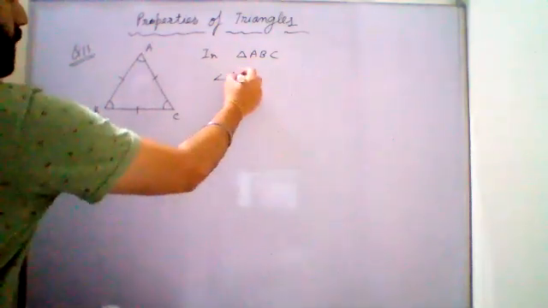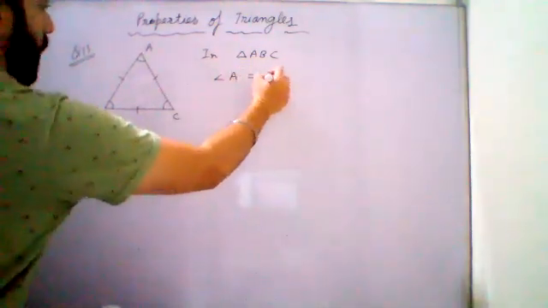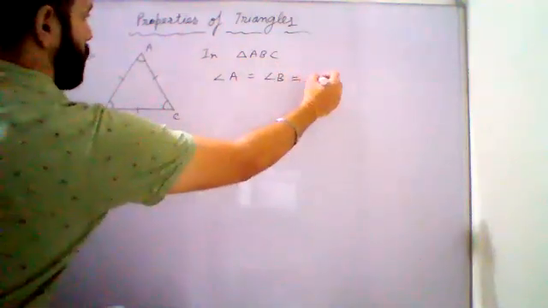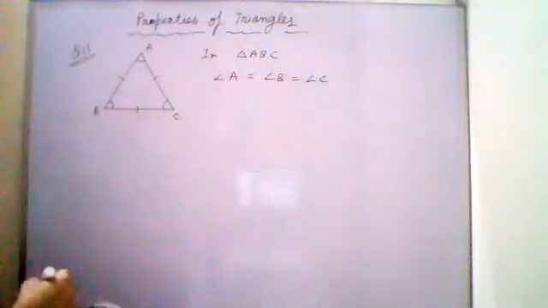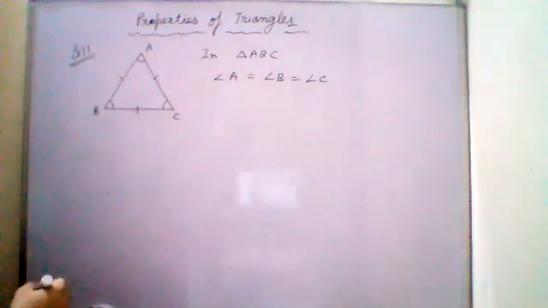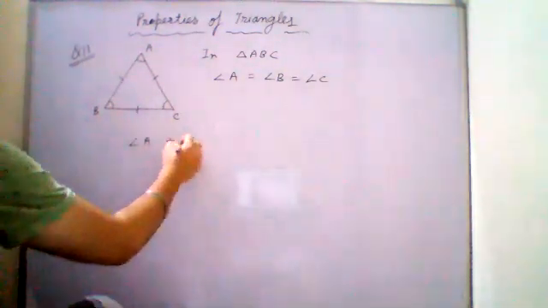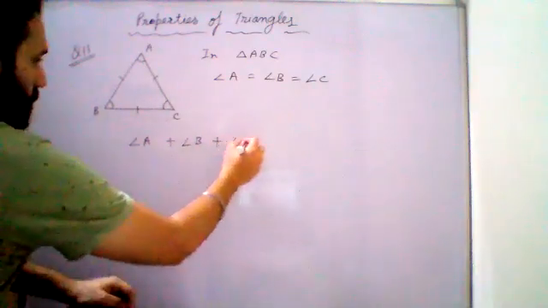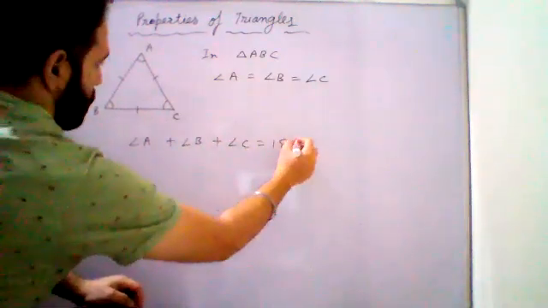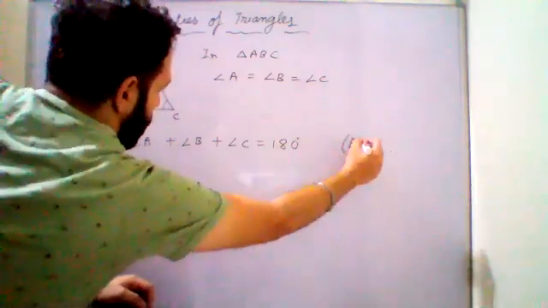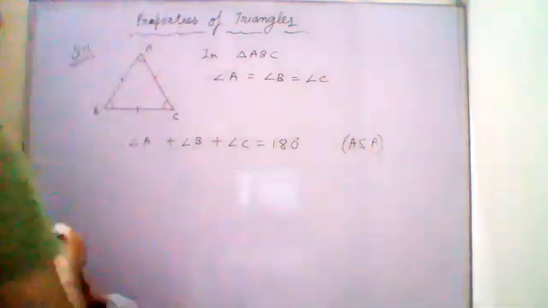In triangle ABC, angle A is equal to angle B is equal to angle C because it is an equilateral triangle. Now use the angle sum property. Angle A plus angle B plus angle C is equal to 180 degrees. Reason: ASP, angle sum property.